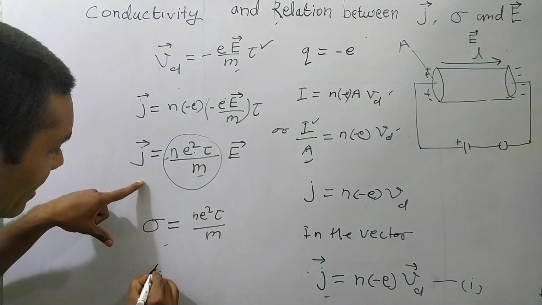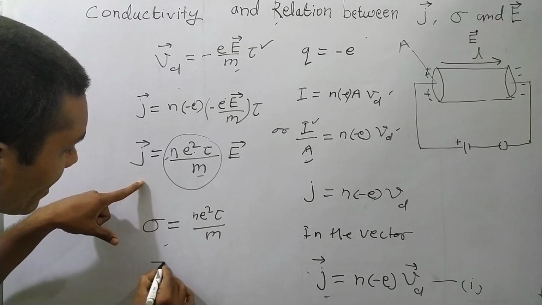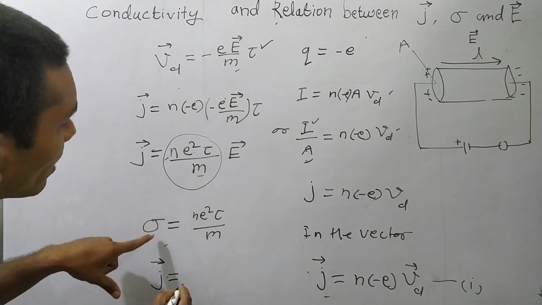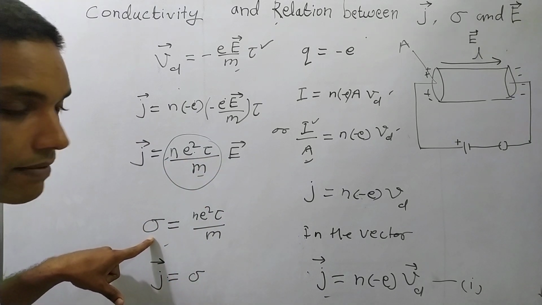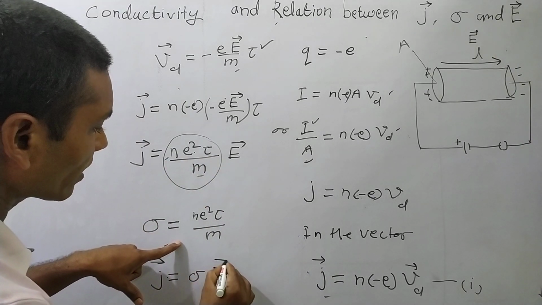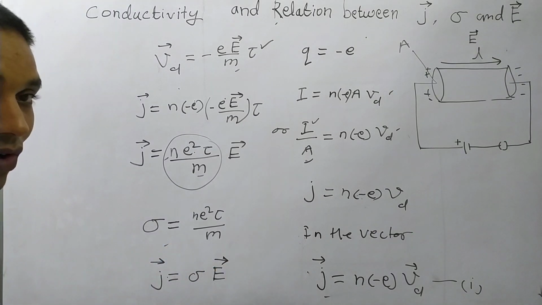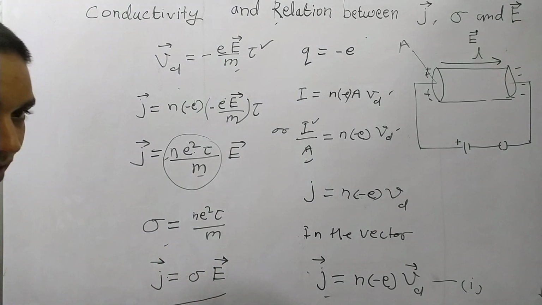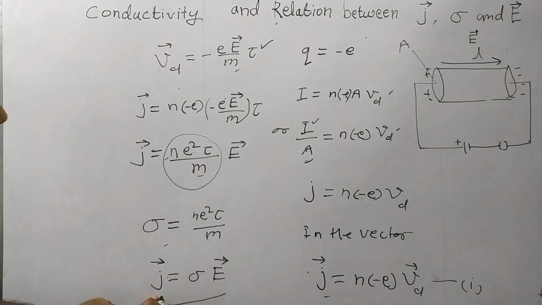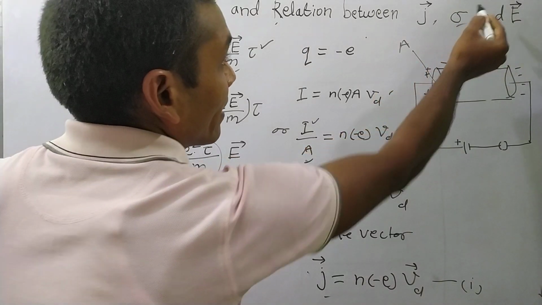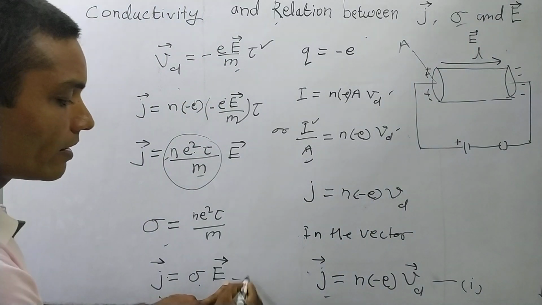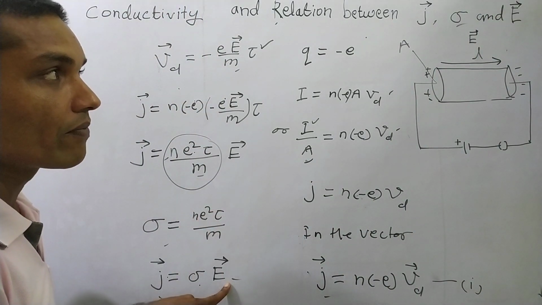Therefore vector J will be equal to sigma, the conductivity, times vector E. This is the relation between current density, conductivity and the intensity of electric field.